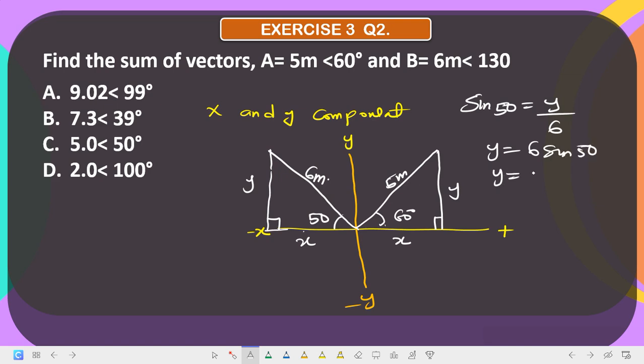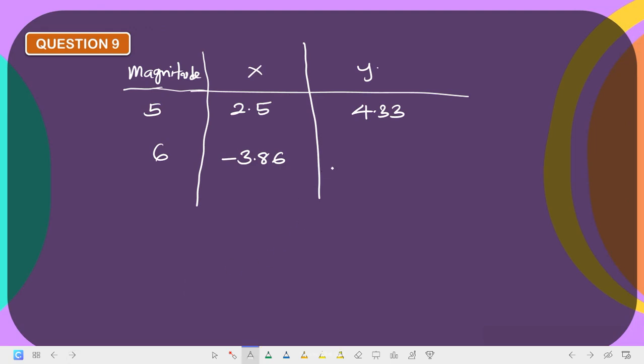So at the end of the day, 6 sine 50 should give us 4.596. Now the question is, is this on the positive y-axis or on the negative y-axis? It's on the positive y-axis. So you come here and say this is 4.596 on the positive y-axis.